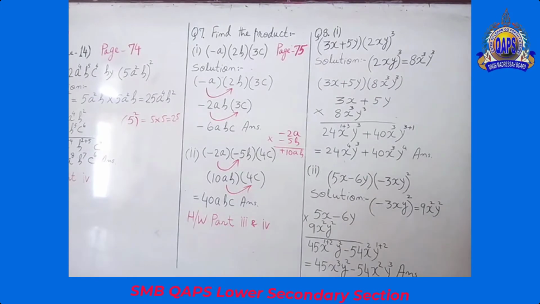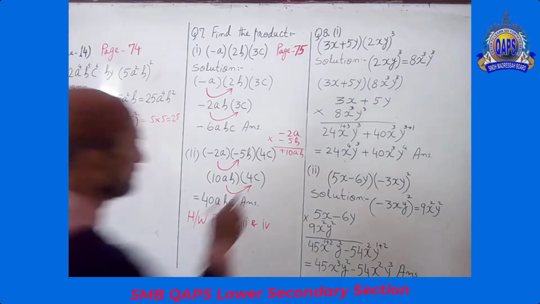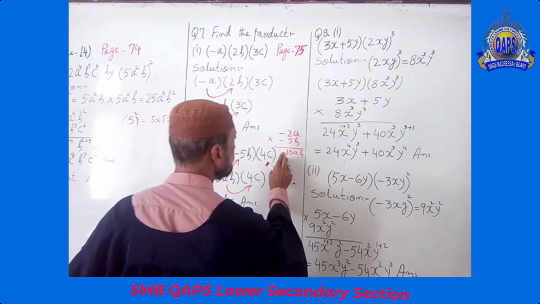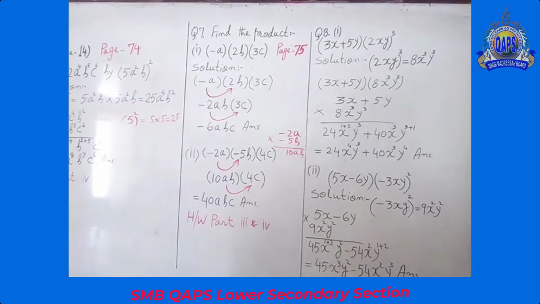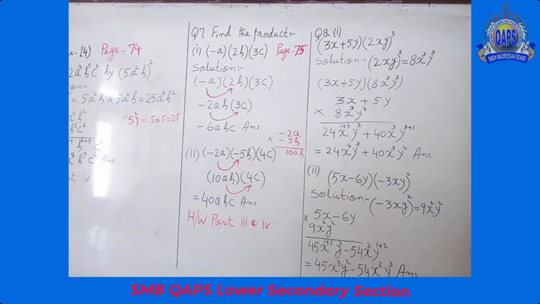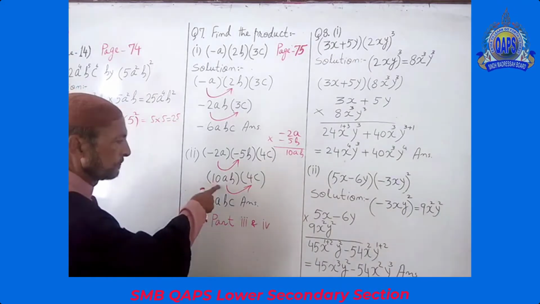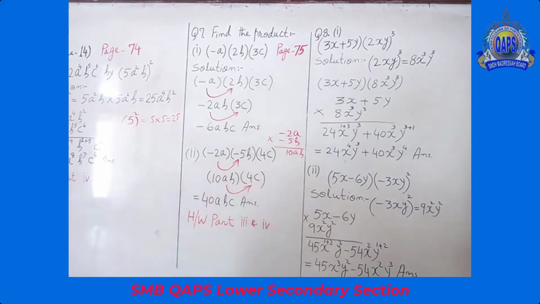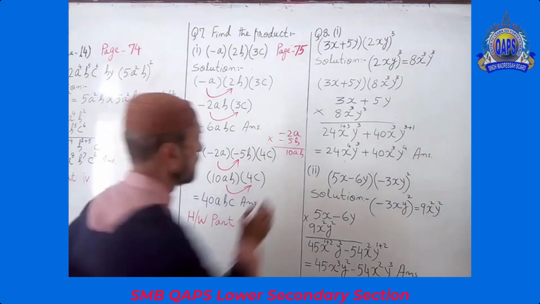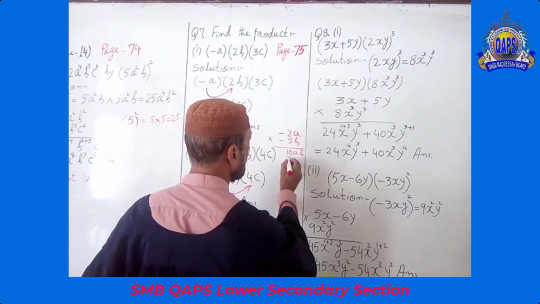But in the beginning we do not write the plus sign. So it will be simply 10AB into 4C.